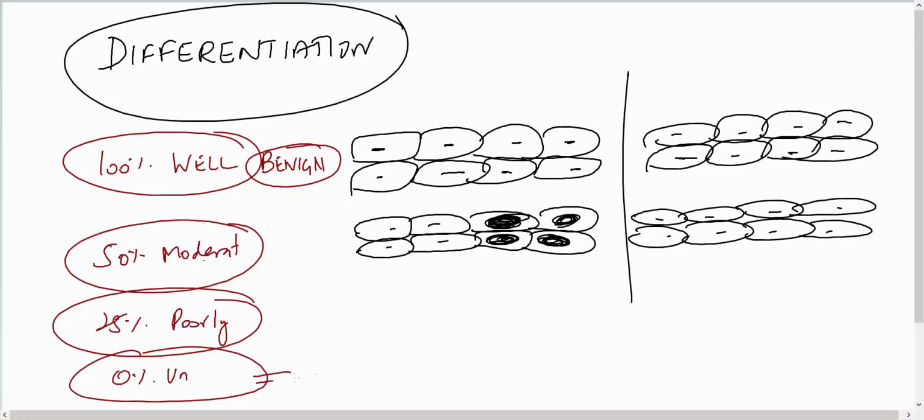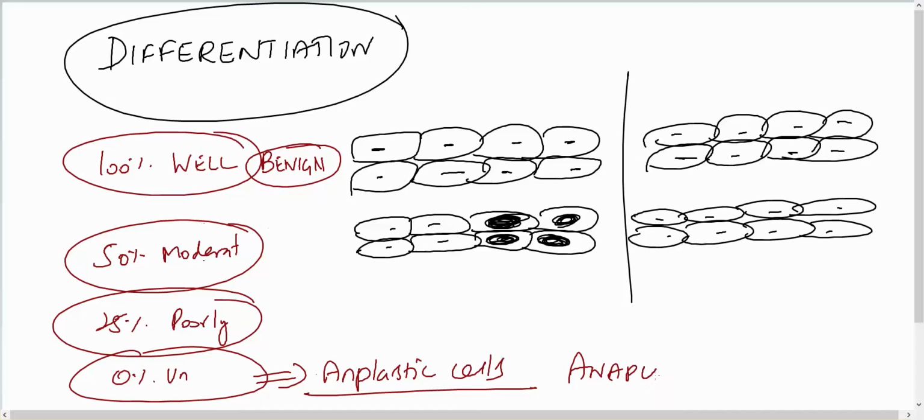Undifferentiated tumors are called anaplasia. Undifferentiated cells are called anaplastic cells. Anaplasia means undifferentiation.